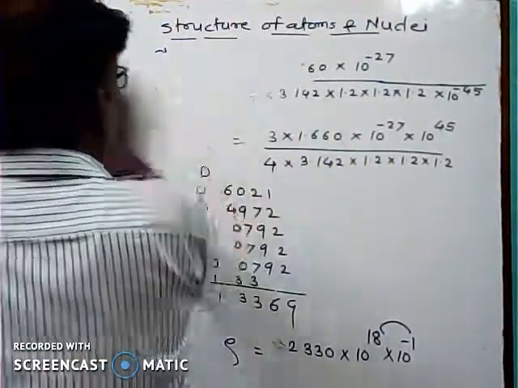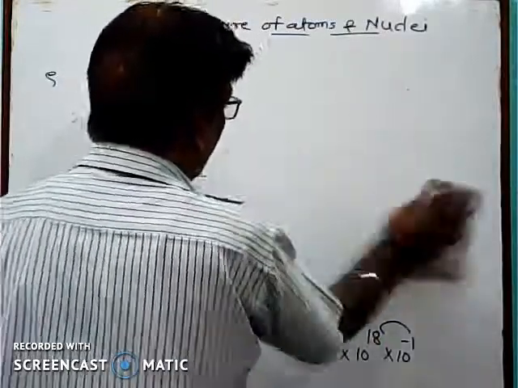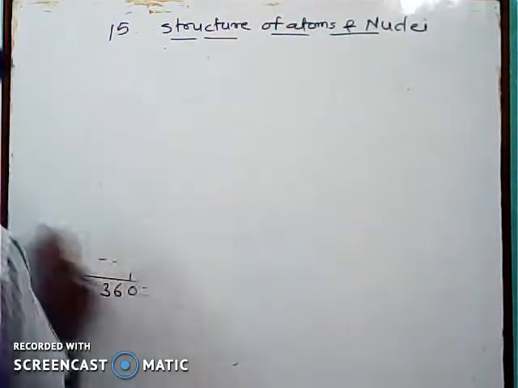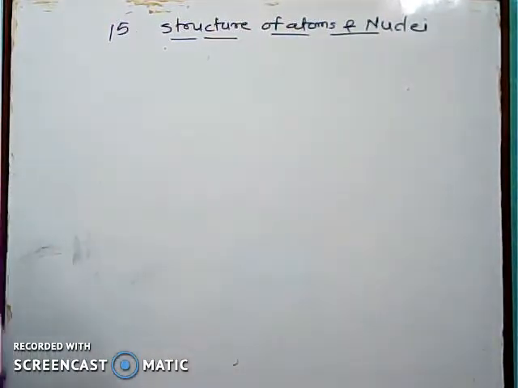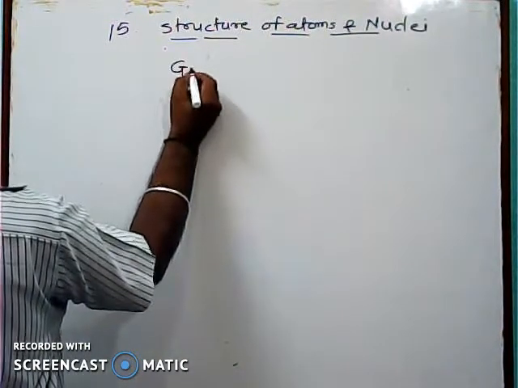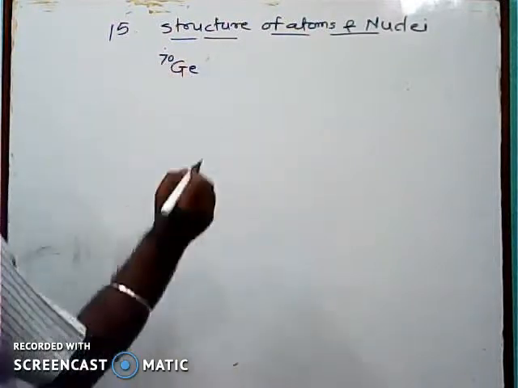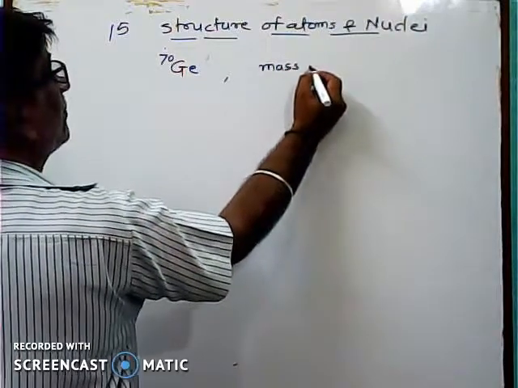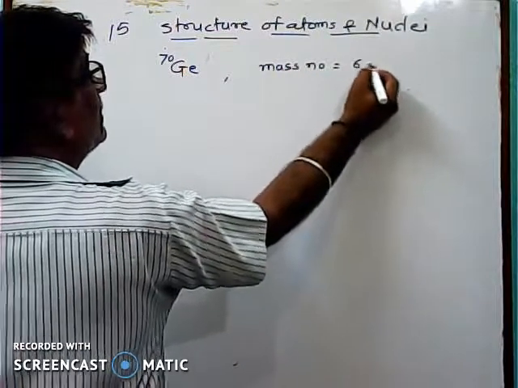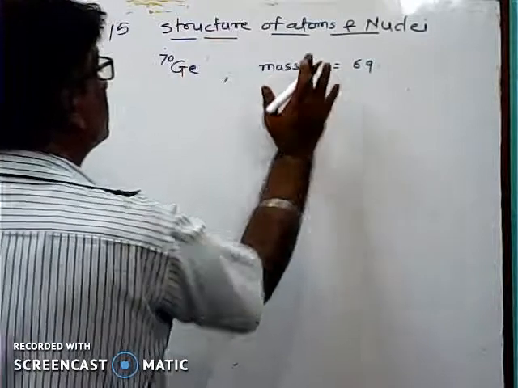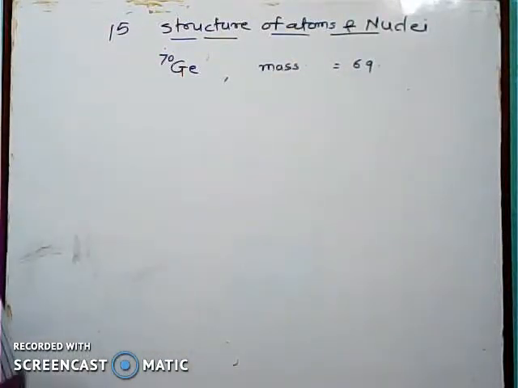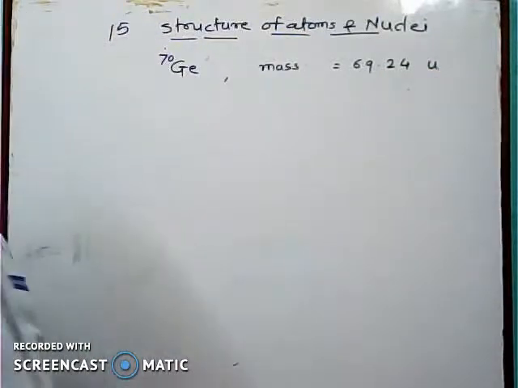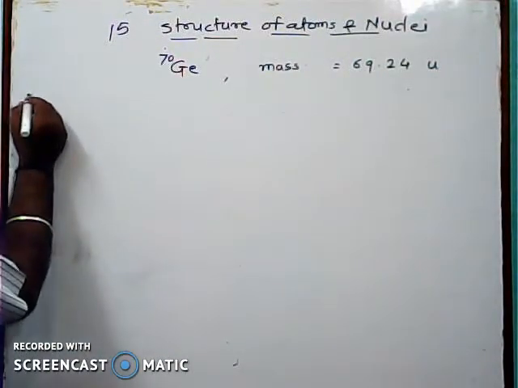See here, if we solve a problem for finding the radius and density of germanium, having atomic mass number 70, the atomic mass will be 69.24 atomic mass unit u.